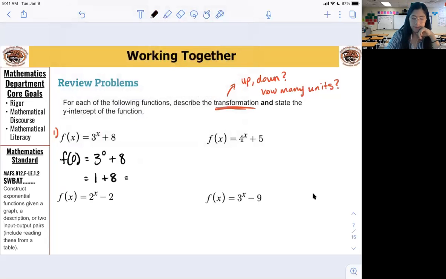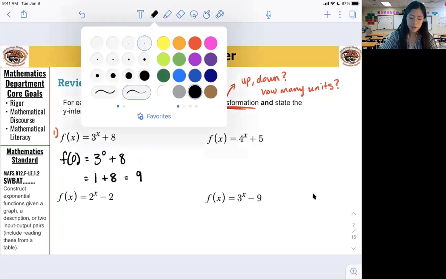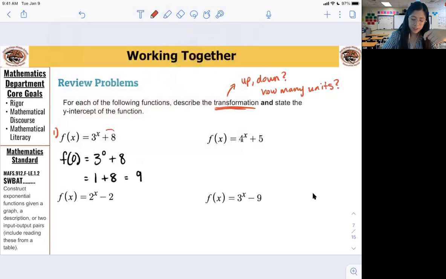What's 1 plus 8? 9. See how we got 9? We already knew it was 9, but now I've shown you how to get it. So one more time. This is up 8 units from the 1, and the y-intercept is 9.